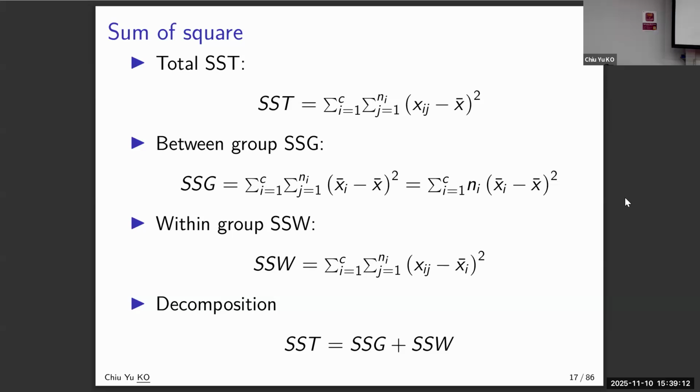So SST is almost the variance. You look at every observation minus the overall mean and square it. For each group, you go over each observation, add up the squared difference from the mean. That's called the sum of squares total. Total means everything.